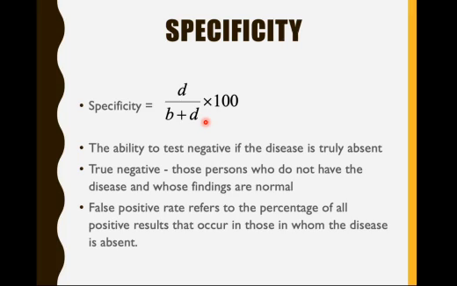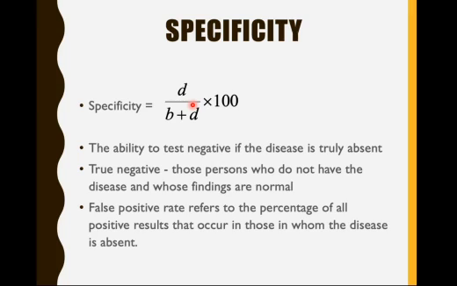That is specificity. Again, to understand specificity, you need to look at the denominator, where the denominator says B and D. And if you recall, B and D are people who don't have the disease. So among them, who will be truly negative? D, because D is true negative.